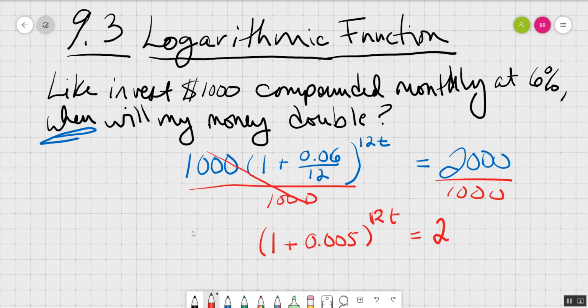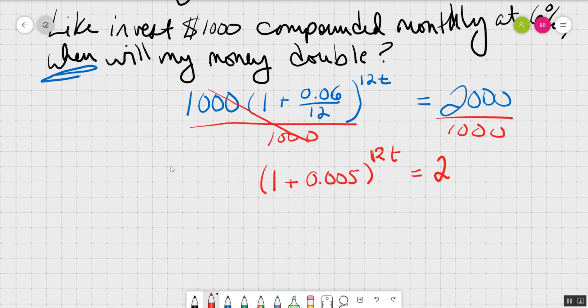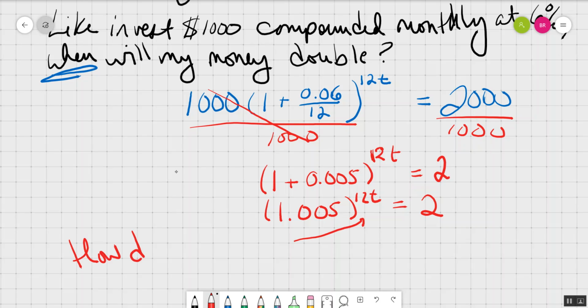That's looking good. And then inside I can do 1 plus that, and that'll be 1.005 to the 12t equals 2. And right over here I'm done. I can't really do anything. I can't get any farther because, how do I get to t? We don't have any tools that do that at this point.